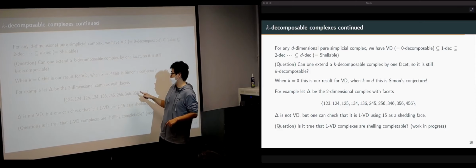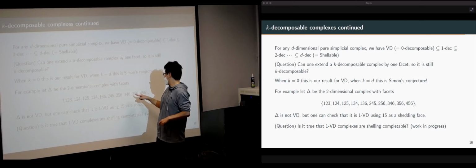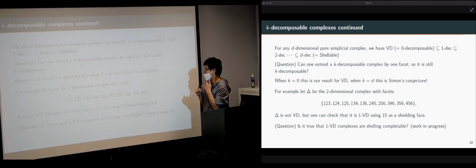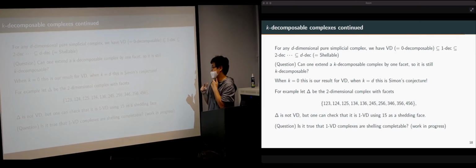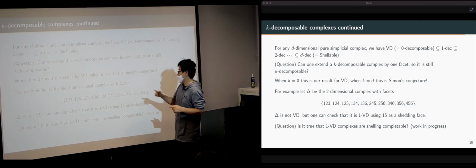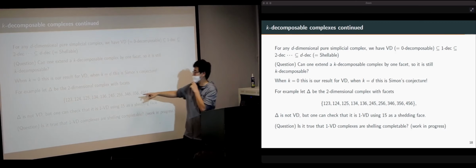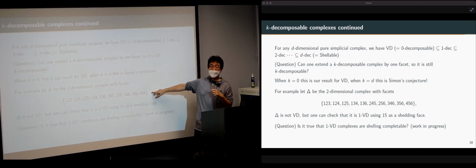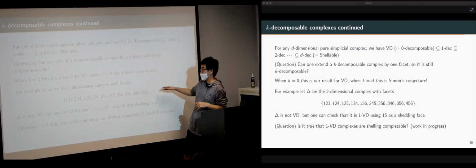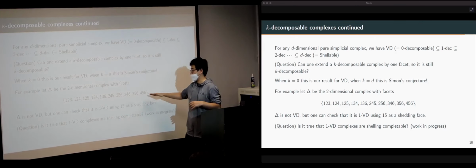But where does it fail? Yes, so given 1, 2, 3, if you delete 1, that is 2, 3, but there's nothing here that contains 2, 3. So 1 is not decomposing, and actually it's the same for 1 up to 6.